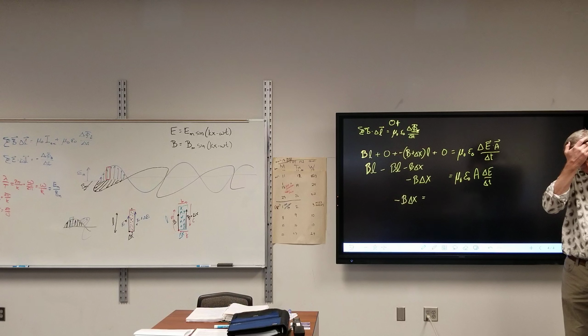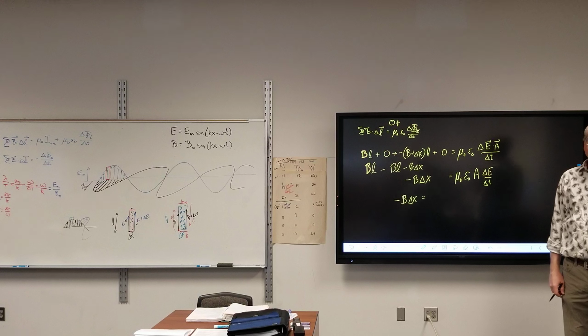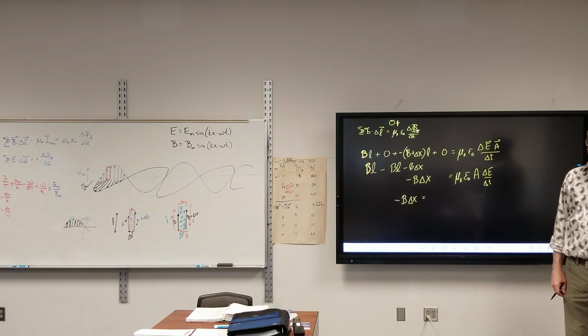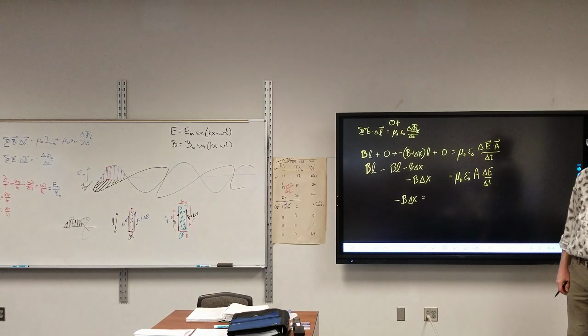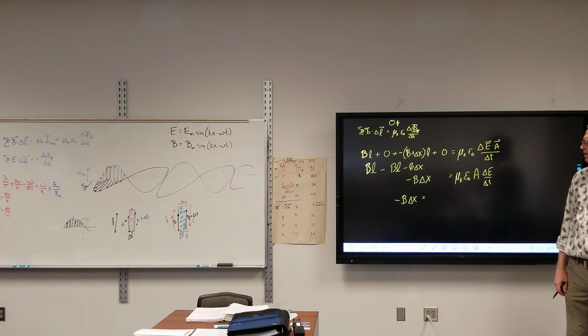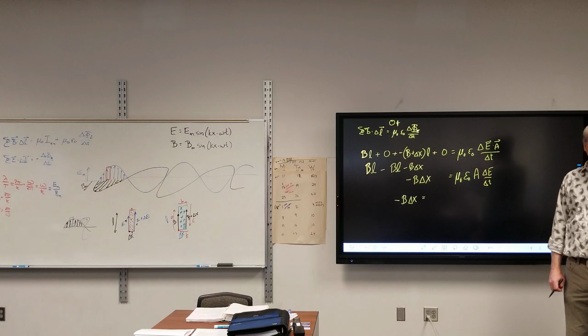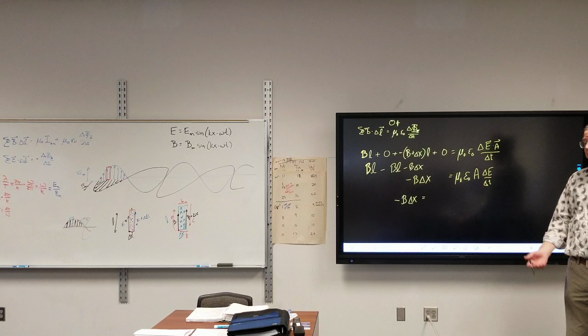Where's the stupid mistake I made? The L off the delta? Or it was BL minus L delta X. Okay, that's one mistake. What are the two stupid mistakes I made?